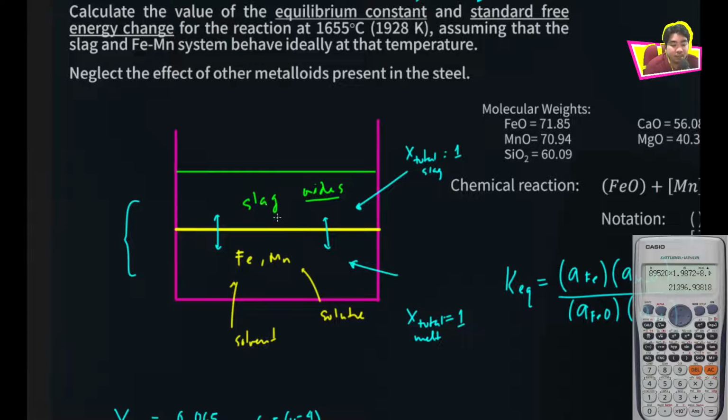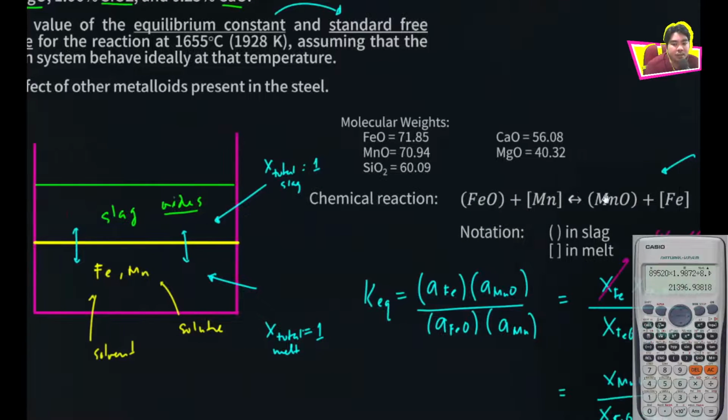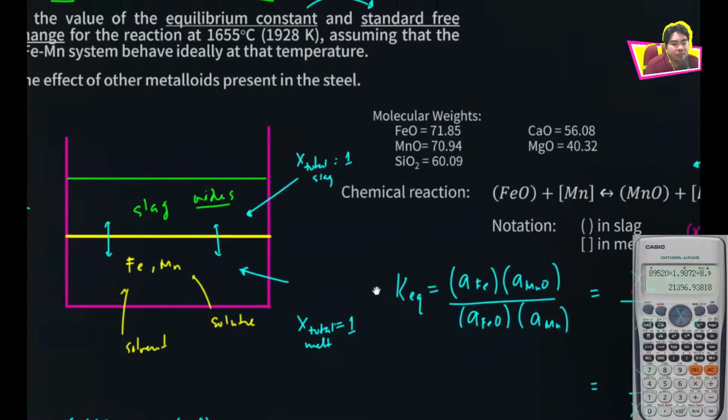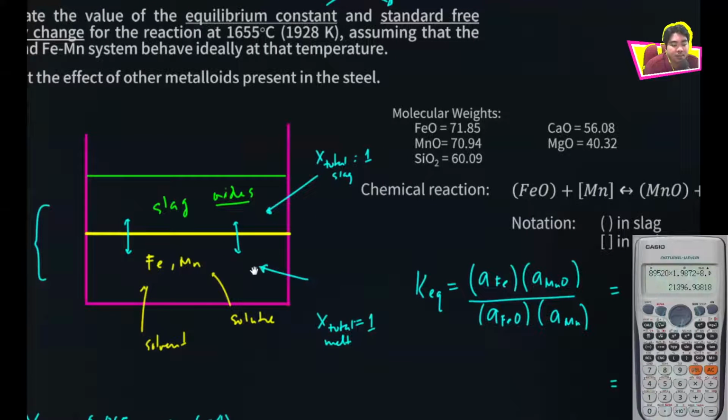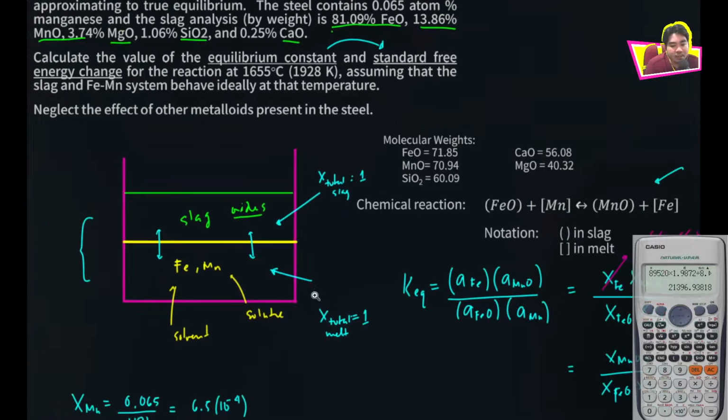Yung delineation between the slag and the melt itself. So dito kayo malilito. Pero if this figure is given, tapos given din tong equation na to, I think you would find it easy.